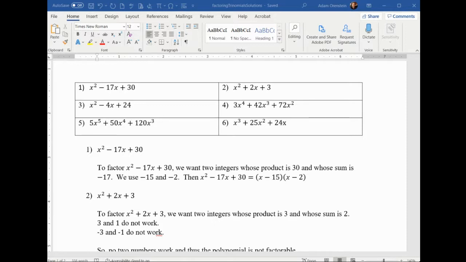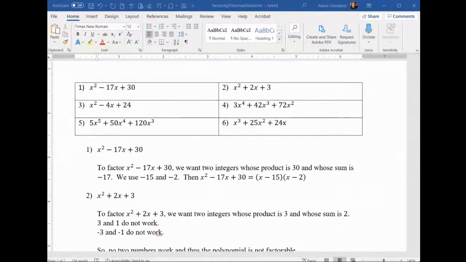Again, that's because the product is 30 and the sum is negative 17. So for number 1, we have negative 15 and negative 2. That's what we use. Okay, so that's for number 1.